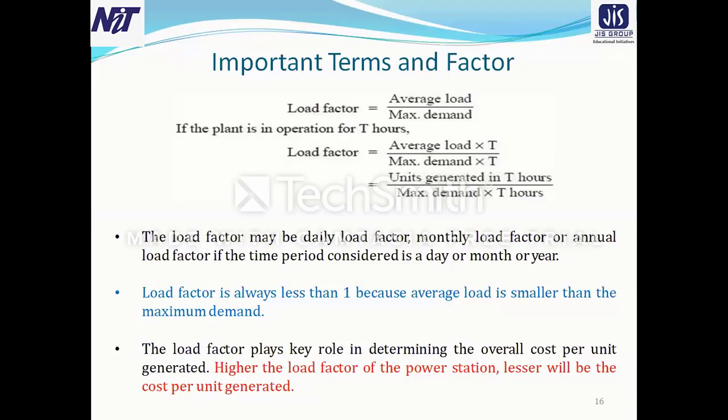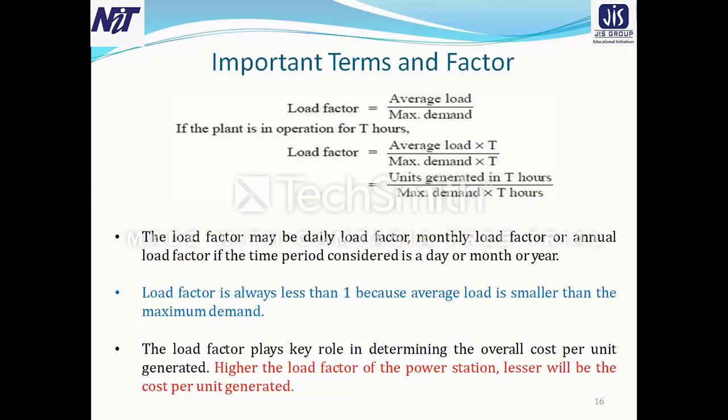Load factor is always less than 1 because average load is smaller than the maximum demand. And the last point is that load factor plays a key role in determining the overall cost per unit generated. Higher the load factor of the power station, lesser will be the cost per unit generated.